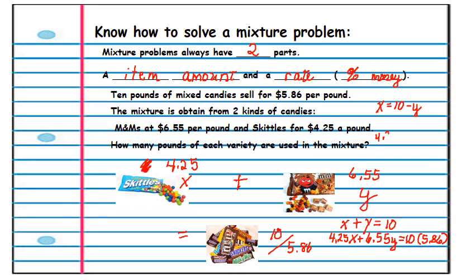So we have 425 times 10 minus the y, plus, I need a bigger paper, the 655y equals 10 pounds at 586, which is going to be 58.6.